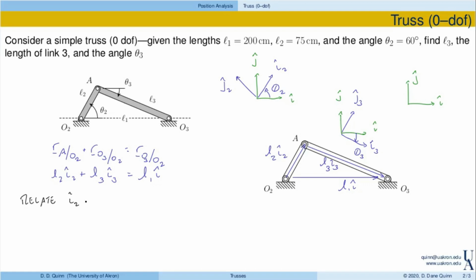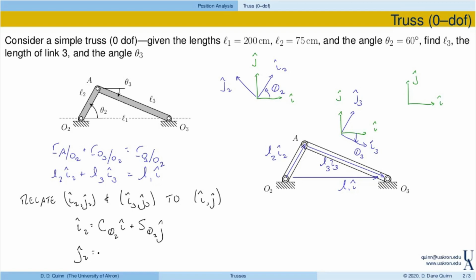So we'll relate I2 and J2 as well as I3 and J3 back to the reference frame I and J. Looking at I2, we see that I2 is cosine of theta 2 in the I direction plus sine of theta 2 in the J direction.